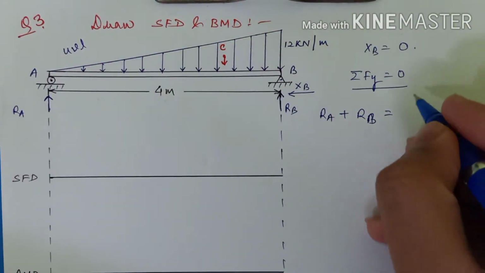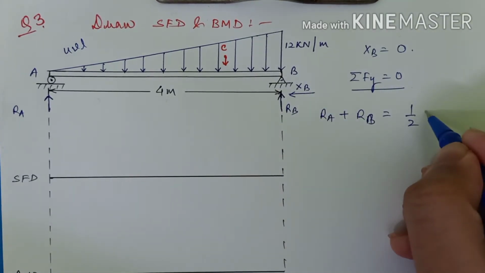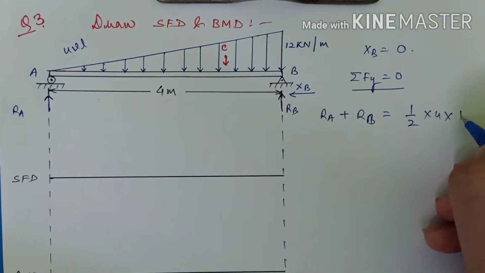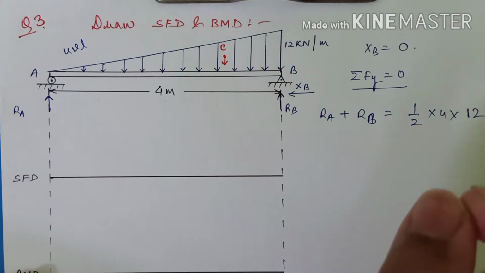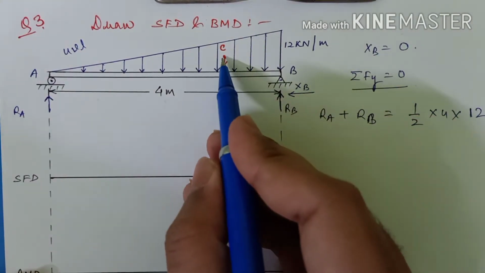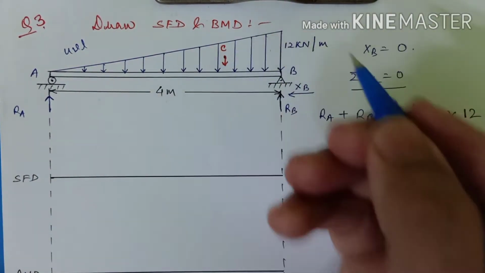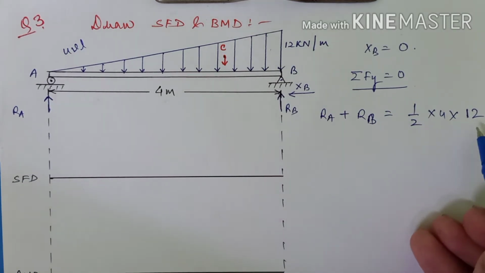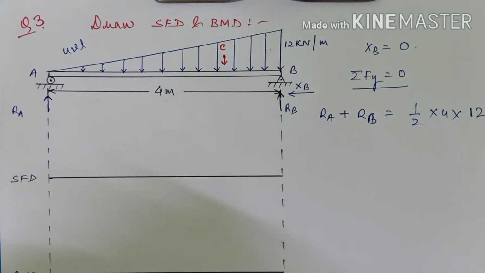Okay, so the area will be half base into height, that is this, right? Okay, and this value of UVL will be converted into a point load, and which will act in the centroid of this UVL. So C is the centroid of this UVL, and the value of this, that is half into 4 into 12, is the force which is acting in this centroid, right?